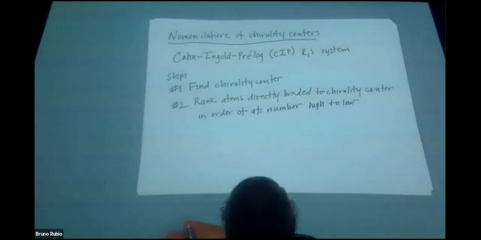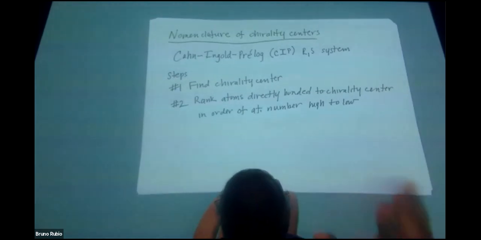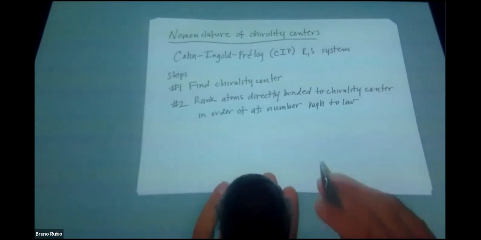So it helps to memorize the periodic table, but normally we always have access to a periodic table, so there's no need to memorize the periodic table. So that's the second step, is you rank the atoms that are directly bonded to the chirality center in order of atomic number, high to low.